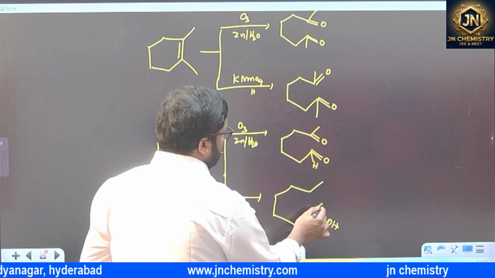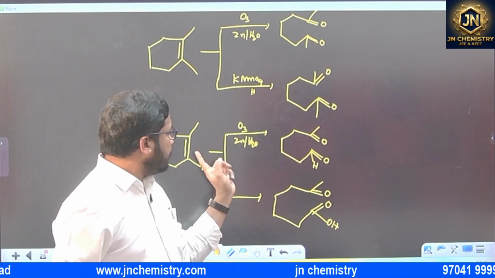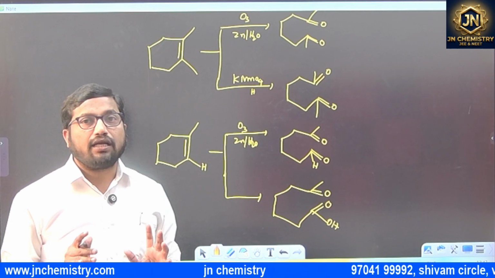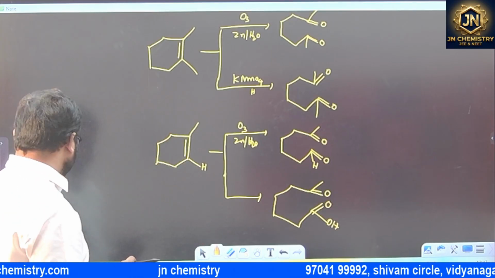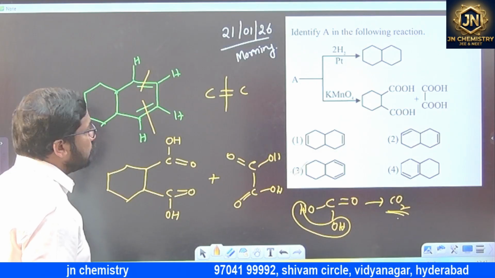OH, double bond O, like that. So see the clear difference: here H is there, here it is OH. So like this, ozonolysis can also be compared with KMnO4. This is one of the important questions that they may ask one more time in the future also.